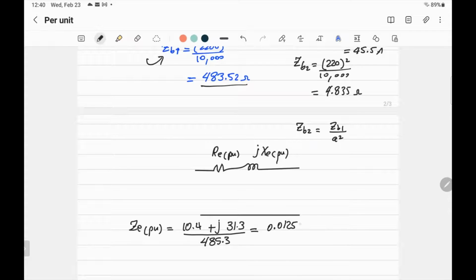That's what I get. 0.0125 plus J0.0647. And what is the unit? Per unit. And then what I'm going to do, replace the values here.